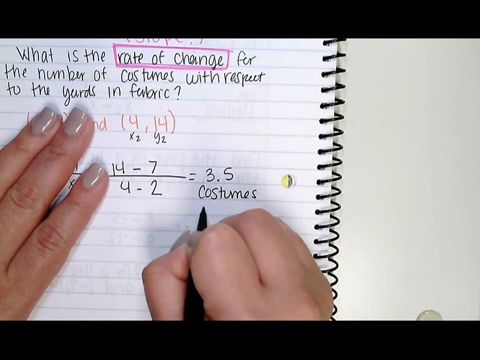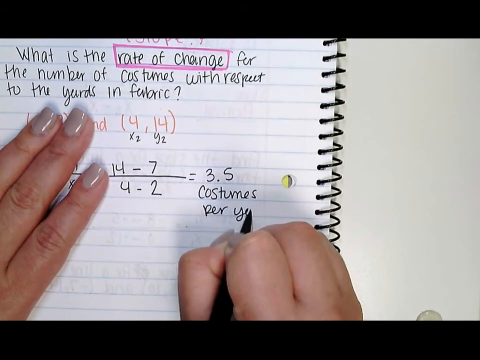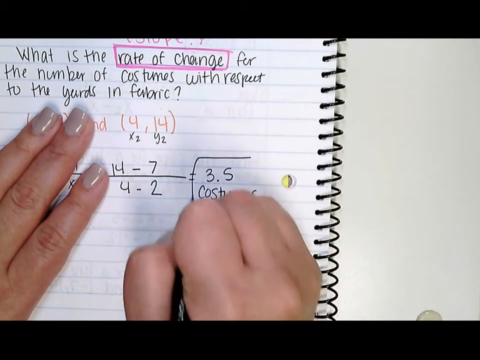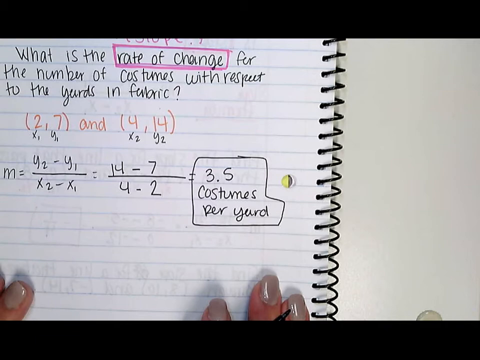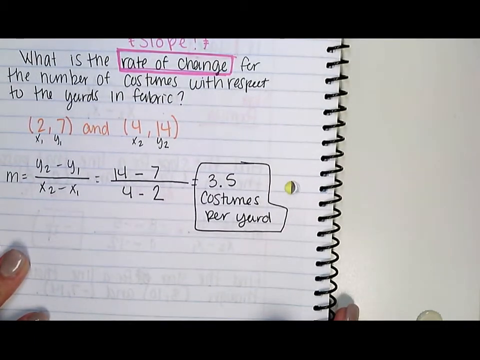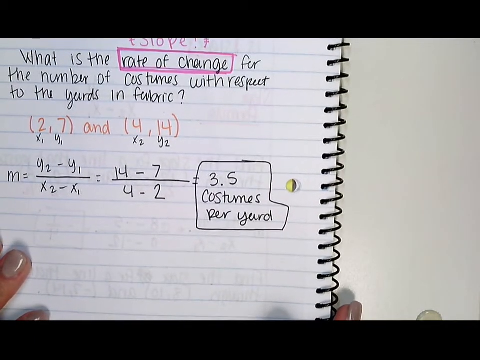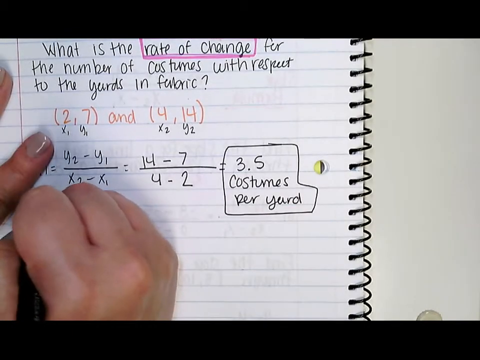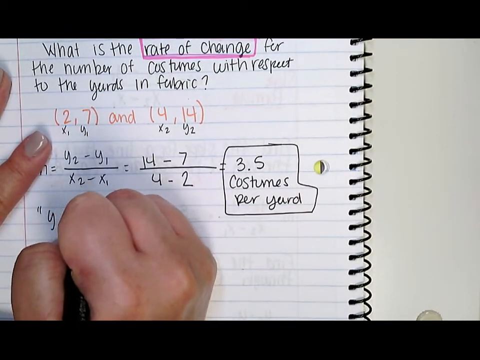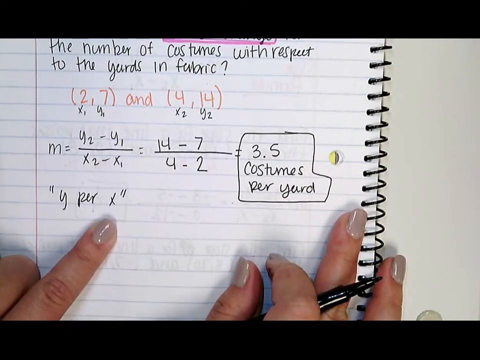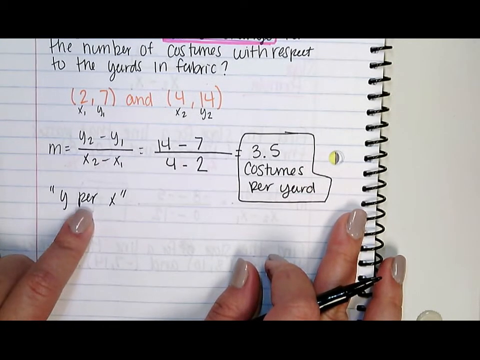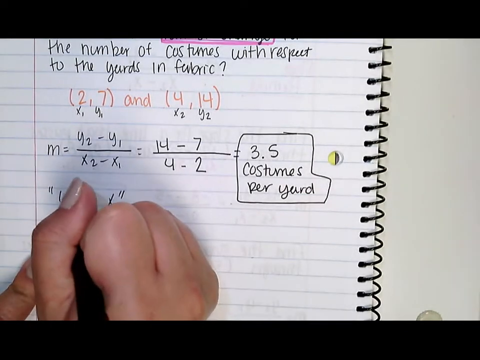Costumes per yard. Because the rate of change is your y per x. Y per x. So that's why it's called a rate, because you're talking about per.